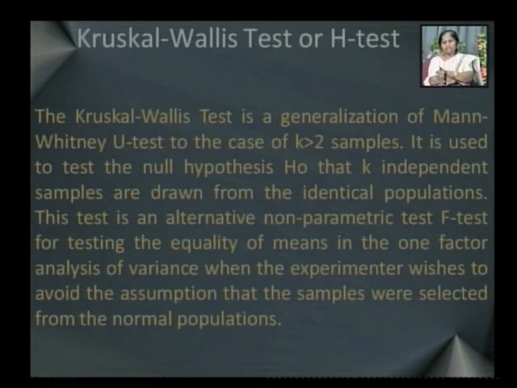The Kruskal-Wallis H test is a generalization of the Mann-Whitney U-test. It is used to test the null hypothesis H0 that K independent samples are drawn from the identical population. And this test is an alternative non-parametric test.